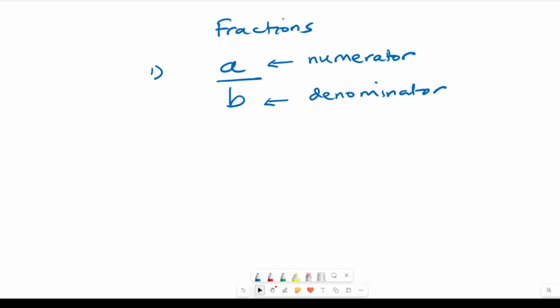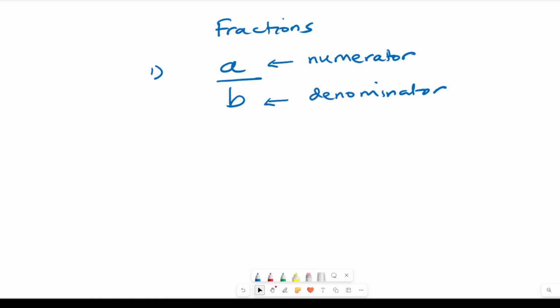So that is the main structure of a fraction. You have a number sitting on top of another, and they are divided by a bar. And the one on top is the numerator, and the one below is the denominator.